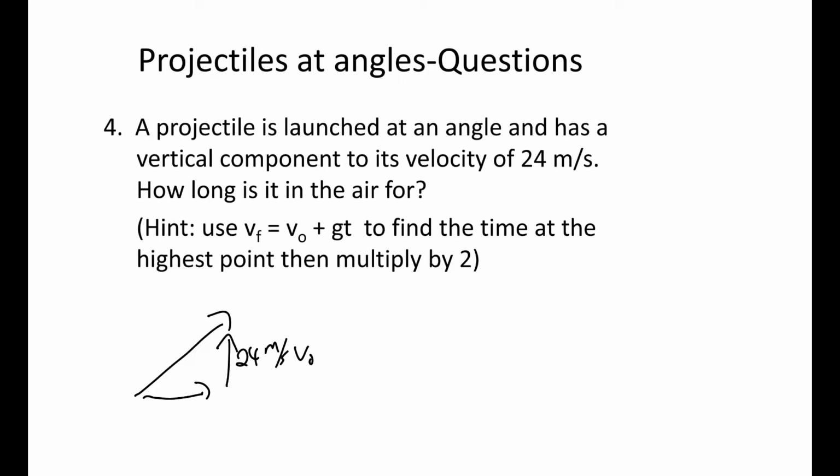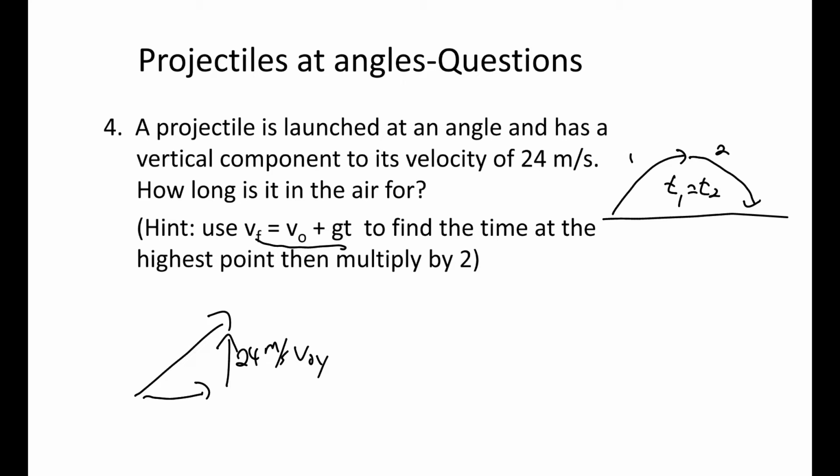So that's voy. So now we're going to use this equation to solve for time. Just like we said in the last part, the time it takes to get to the top of its path is equal to the time it takes to get to the bottom. So that's part 1, part 2, T1 would equal T2. Does that make sense to everybody?